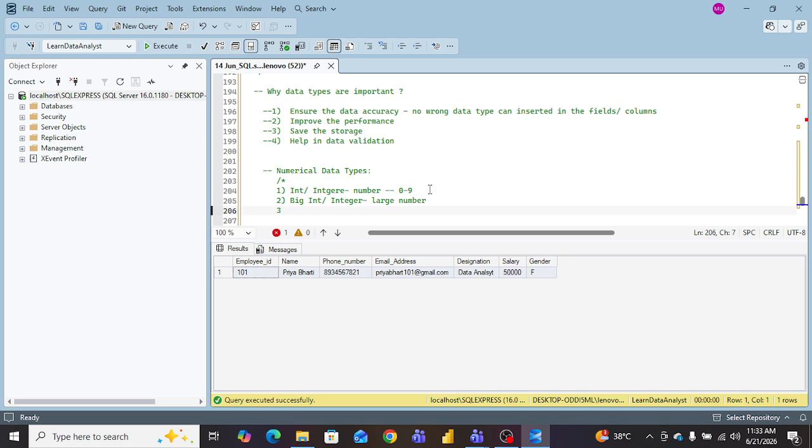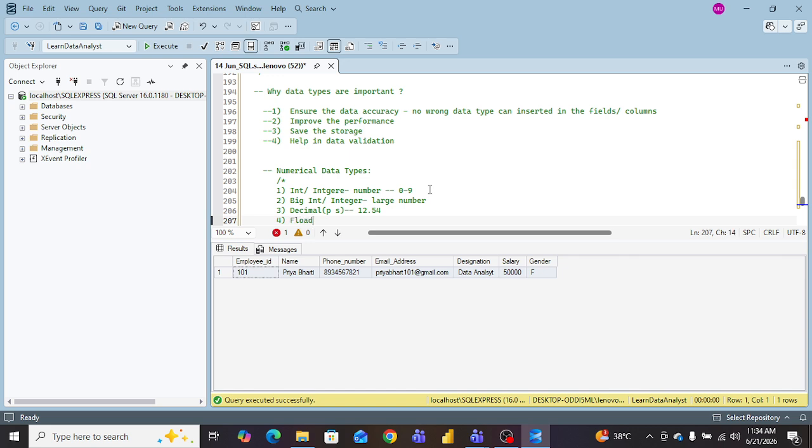The third is decimal. Decimal we use like this, with P and S. It is an exact decimal, like 12.54.